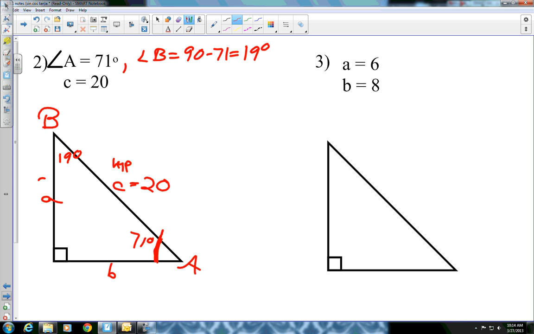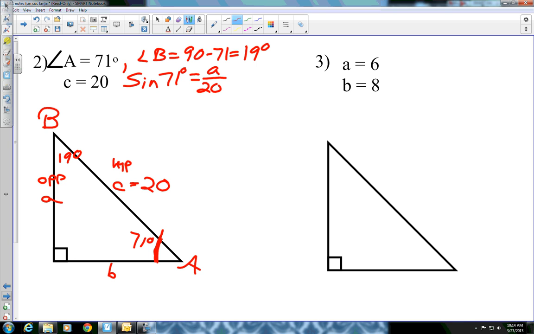A is opposite that angle. Remember, little a is always opposite big A. So opposite over hypotenuse is sine. So I say the sine of 71 degrees equals opposite, which is A, over hypotenuse, which is 20.